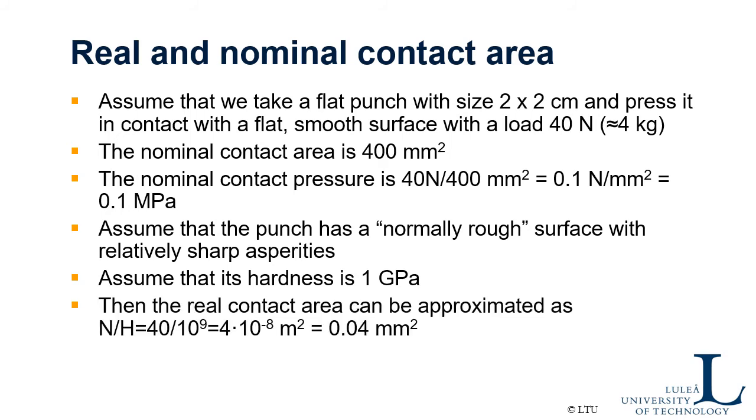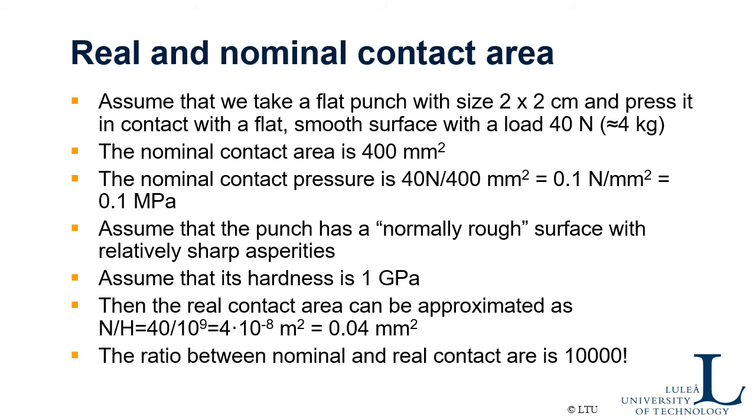So then it's easy to compute that the real contact area is the load, 40, divided by the hardness, which is 1 gigapascal, or 10 to the power 9 pascals. So the area will be something like 0.04 square millimeters. So this is the real area of contact.